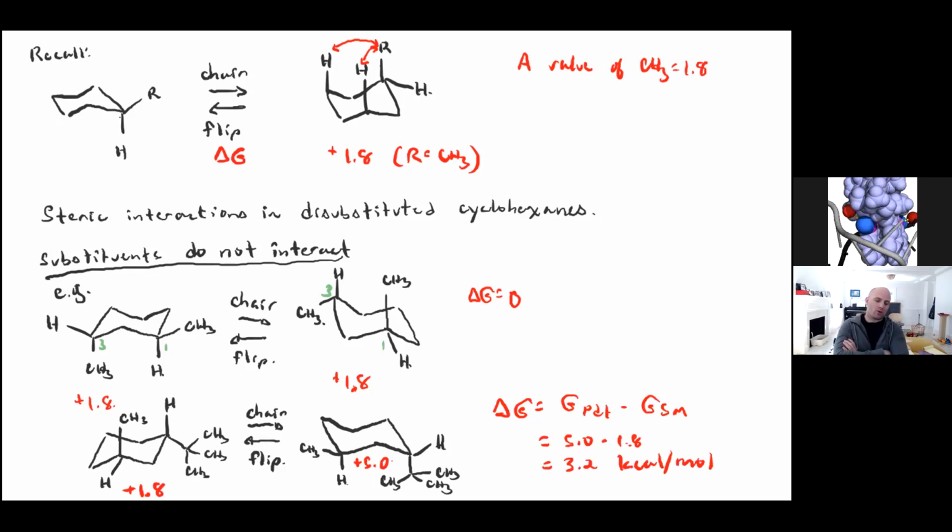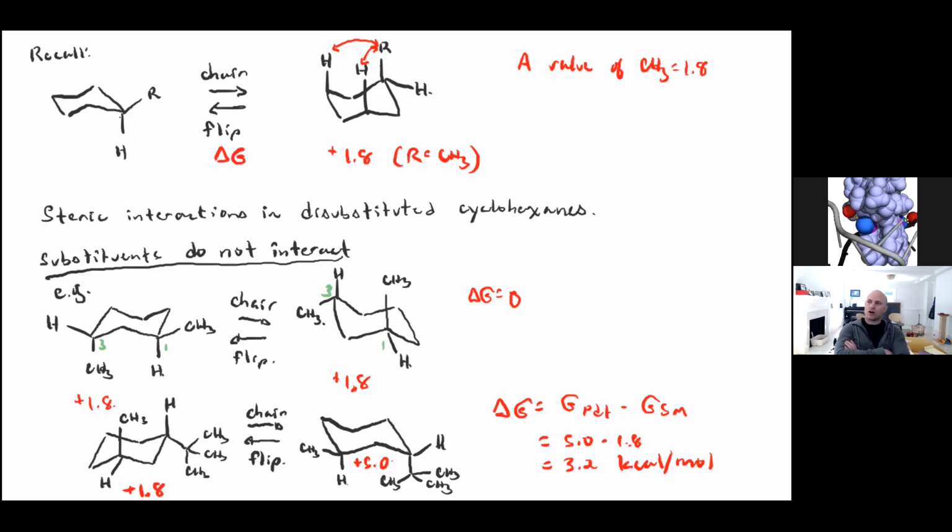And so it's important to note that we're talking about relative free energies, not absolute free energies. This is going to be a common scenario when we talk about conformations of cyclohexane. We also saw this in the acyclic conformational analysis with ethane and butane.